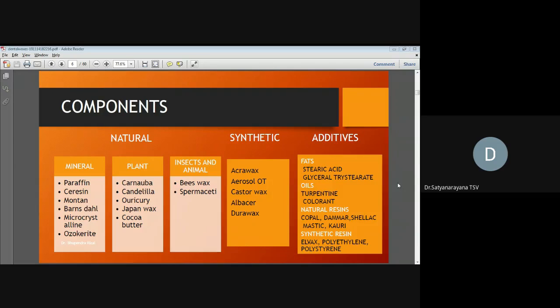From insects or animals, you have 2 waxes: beeswax and spermaceti. This is one classification which you have to write for the components of natural waxes.